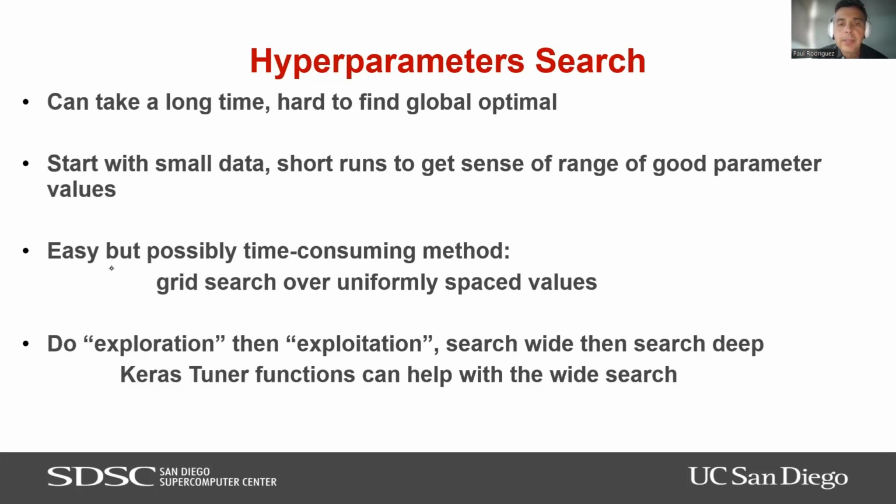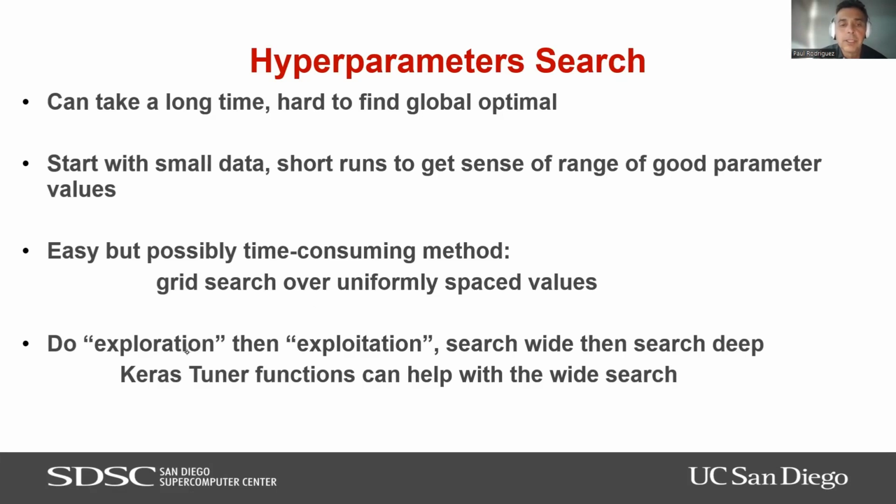An easy but time-consuming way is to just do a grid search. Once you have an idea of the range of good parameters, you just do a grid search over uniformly spaced values. So like 2 layers, 3 layers, 4 layers, 32 units, 64 units, 96 units in each layer. That kind of thing. You can just do a grid search over your possible configurations.